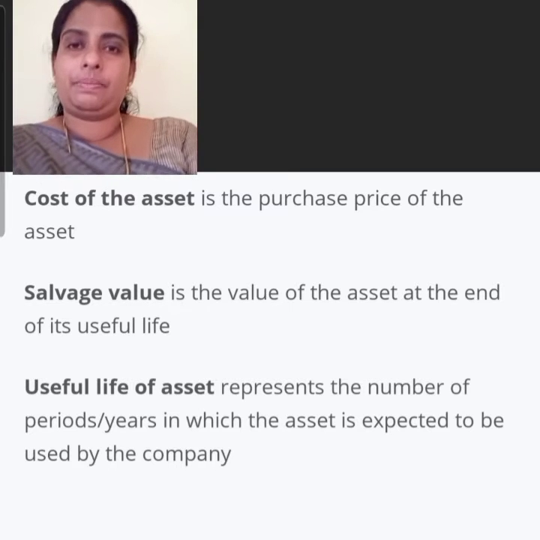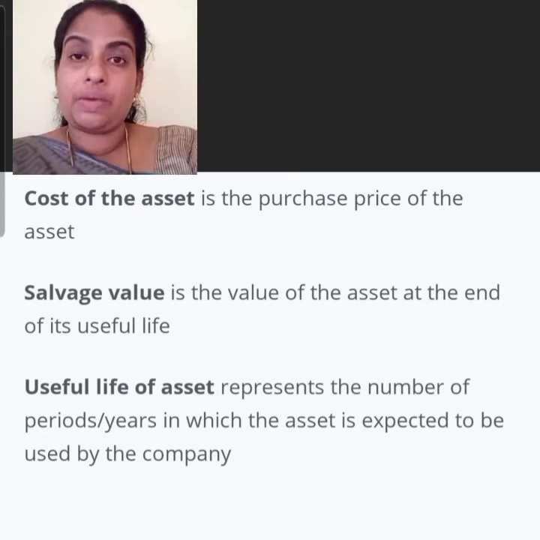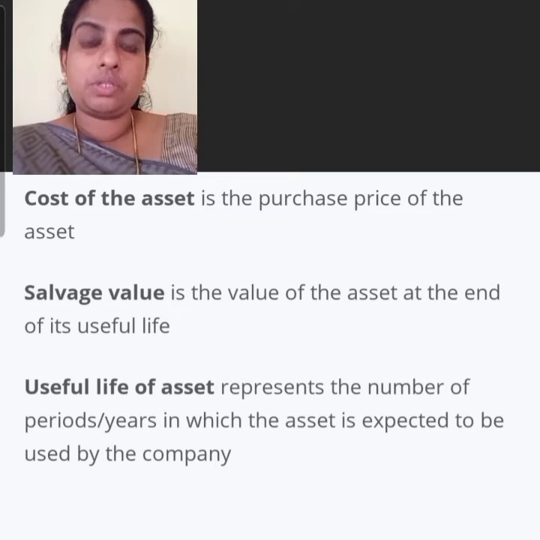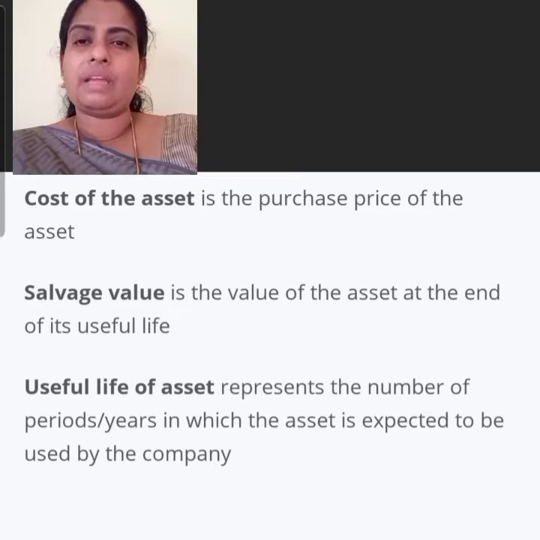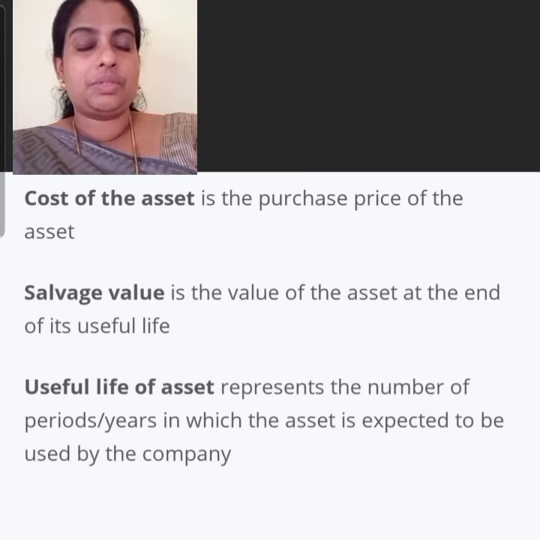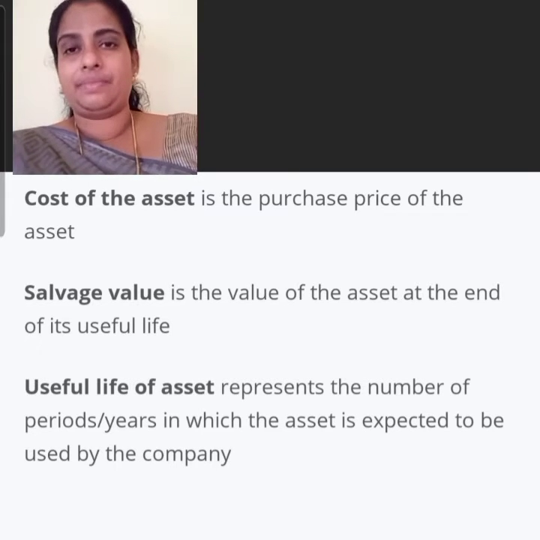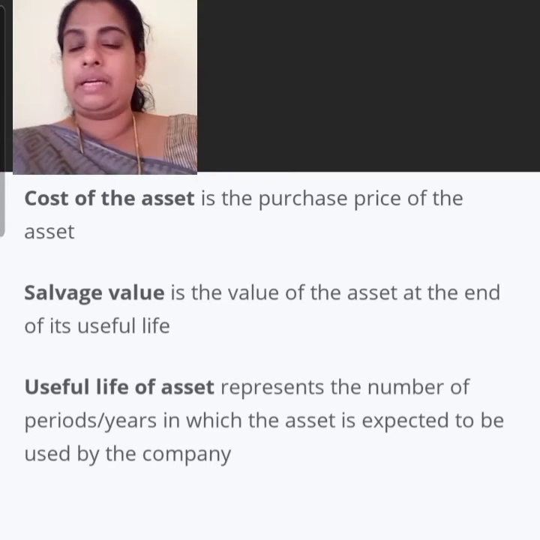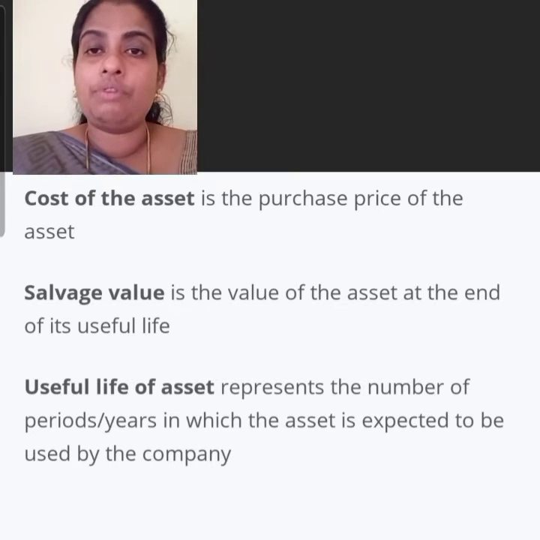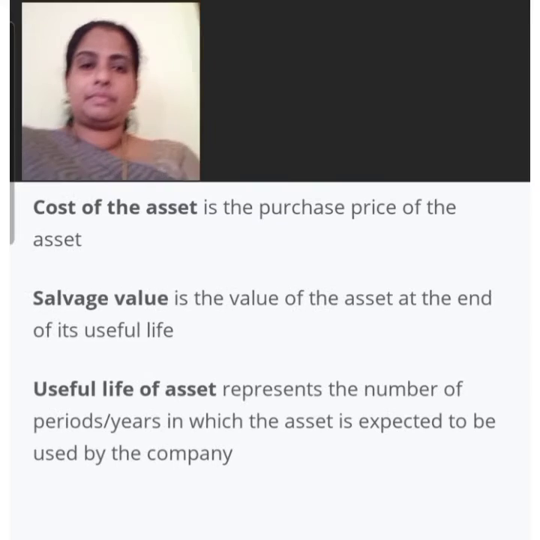In the same problem, suppose the salvage value or scrap value equals 2,000, the amount of depreciation will be 10,000 minus 2,000 divided by 10. That is 10,000 minus 2,000 equals 8,000. 8,000 divided by 10 equals 800. 800 is the amount of depreciation.